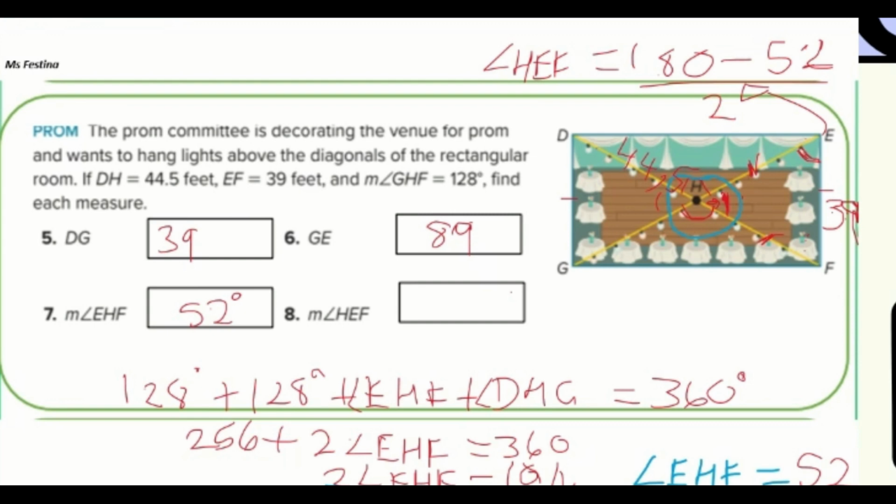Because this would have had 2 times HEF, since these two are equal to each other. So 180 minus 52, divided by 2, gives you 64. And then you have found all those angles that you're supposed to find in all the sides.